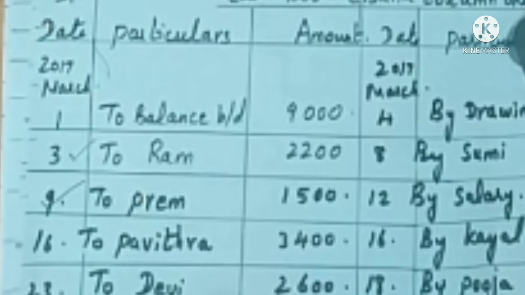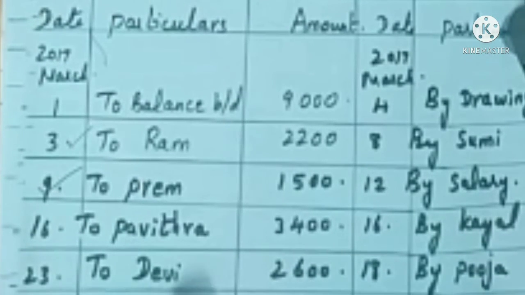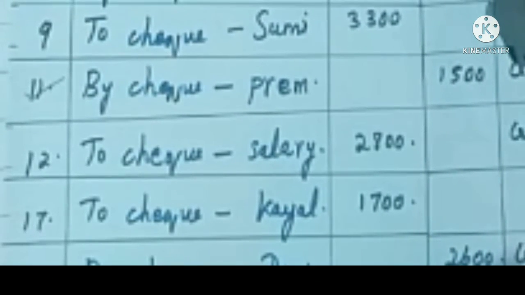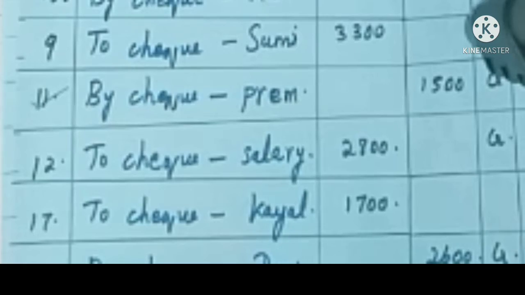Okay, next one. In the cash book, To Devi rupees 2600 is shown on the debit side, so it has to be shown on the credit side of the passbook. Let's see whether it is recorded in the passbook. In the passbook, By cheque Devi 2600 is shown on the credit side.